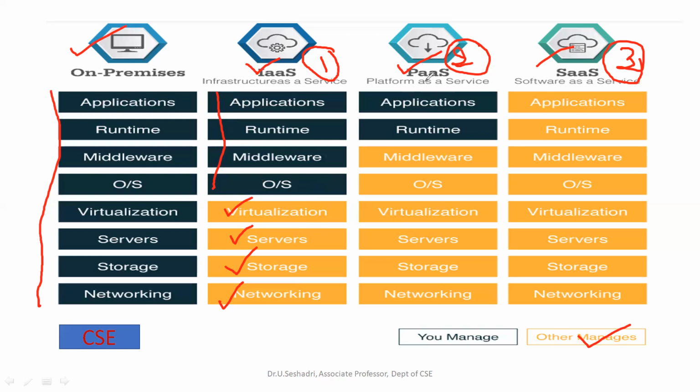If the cloud delivery model is platform as a service, up to this, networking you don't worry about. Storage, servers, virtualization, operating system, and middleware, up to those, others manage them. You don't worry about those things. If you are using platform as a service, only we have to take care of the runtime and the applications.